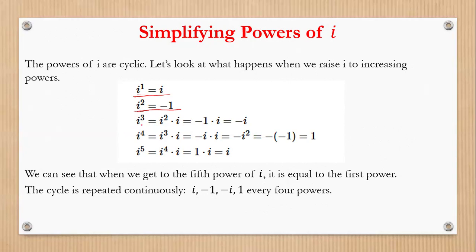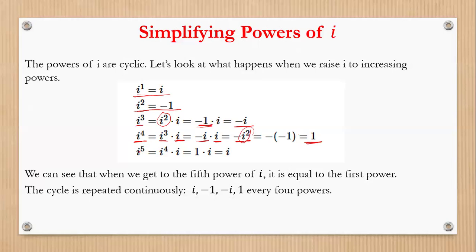i to the third power means i squared times i, and we know that i squared is always equal to negative 1, and if I multiply negative 1 by i, I get negative i. For finding i to the fourth power, I need to multiply i to the third by another i, and I found that i to the third is negative i, and negative i times another i is negative i squared, and since i squared is negative 1, negative times negative 1 is positive 1.